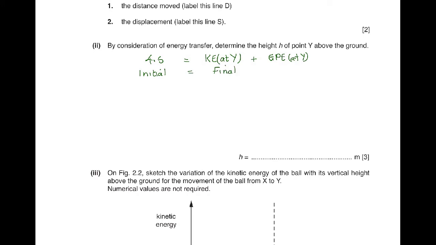So let's see what we've got then. 4.5 joules, kinetic energy half mv squared. The mass of the ball was 0.04 and the speed at Y, we are told, is 9.5 meters per second. The gravitational potential energy will be mgh, so 0.04 times 9.81 times h.